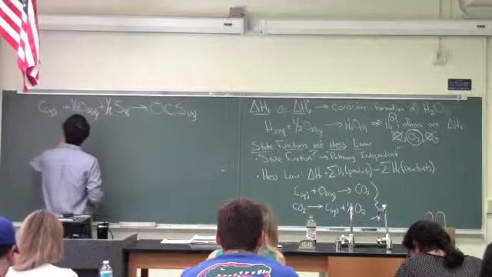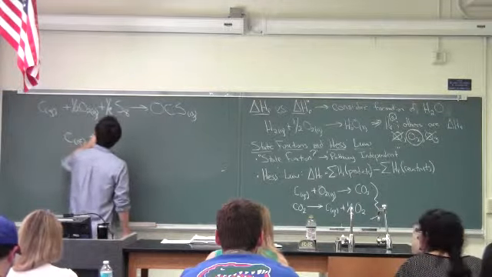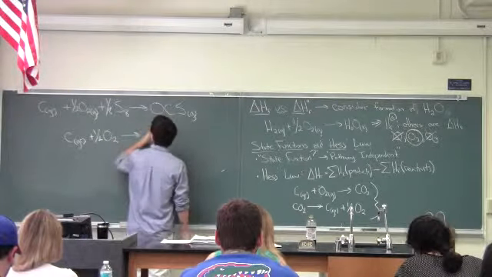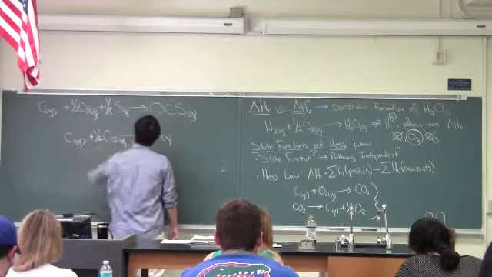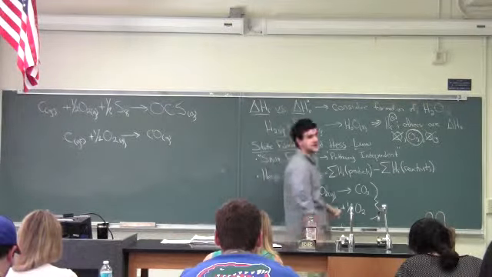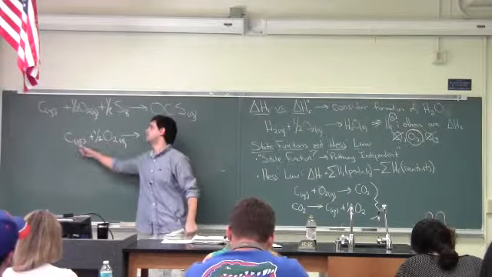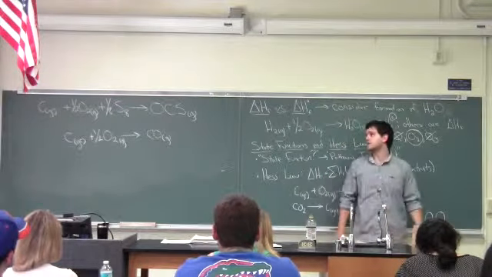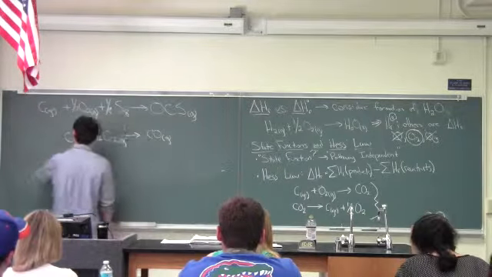So, this is a reaction that I've got. But this is very, very difficult to accomplish in a lab. As a matter of fact, it's nigh impossible, because if I burn carbon in air, this reaction is going to occur.